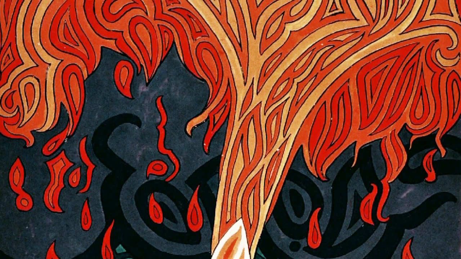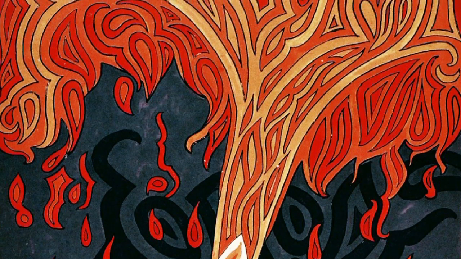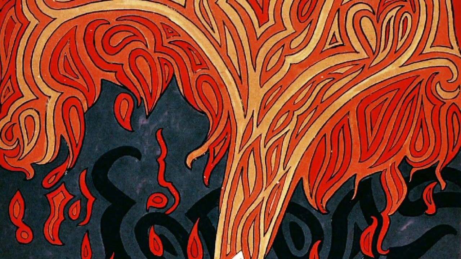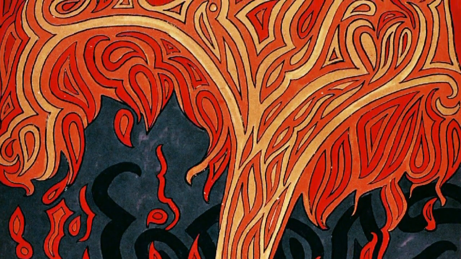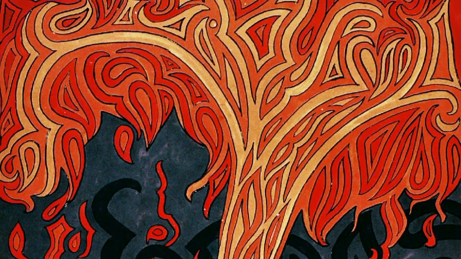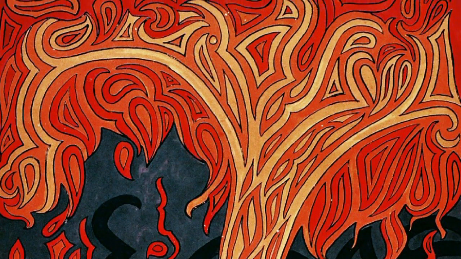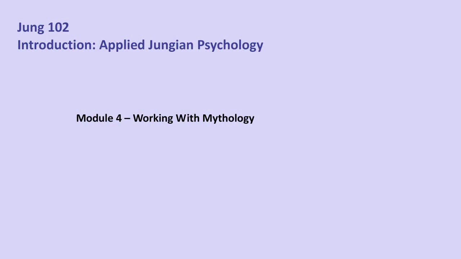By understanding those things, he was able to better understand the dreams and the active imagination symbols that arose. So the first one we're going to look at in Module 4 is working with mythology.